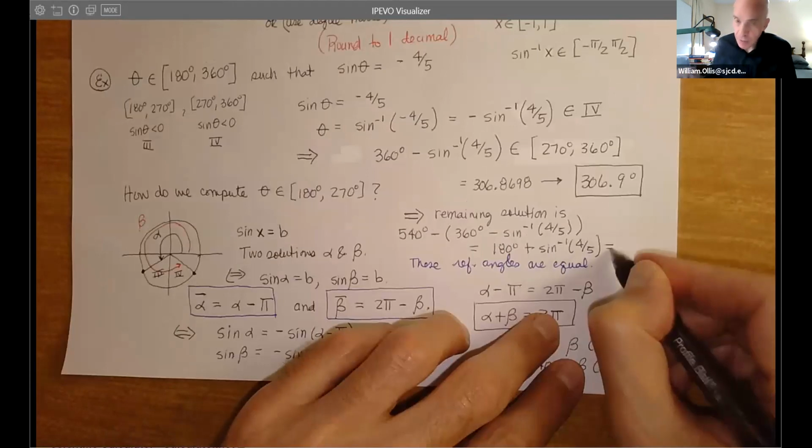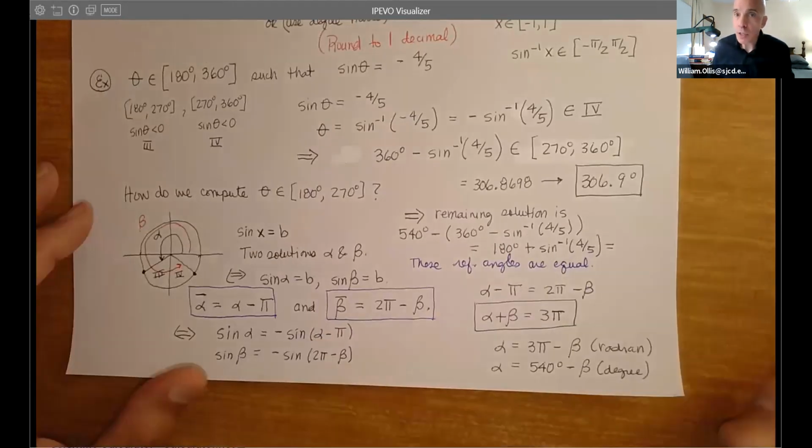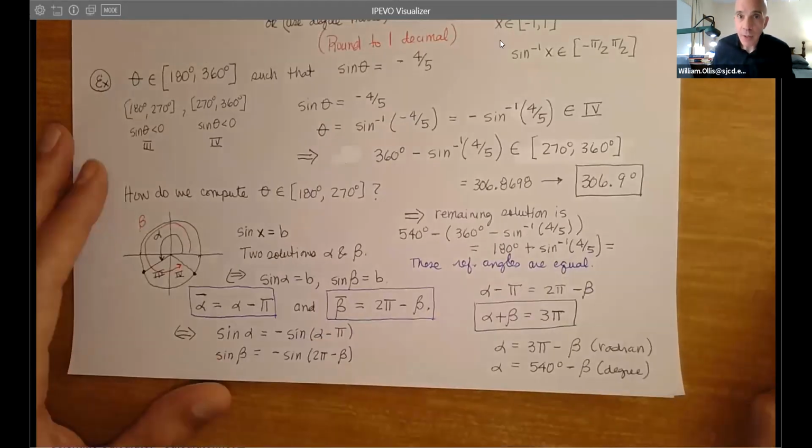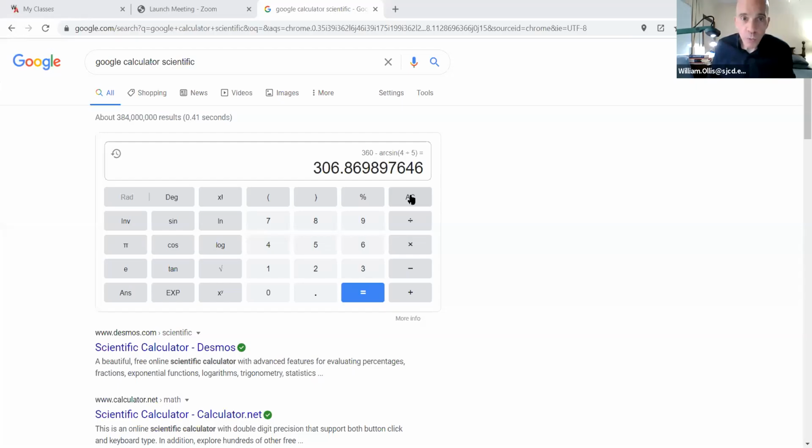So that's the second solution. So let's go to our Google. And of course, we're just going to be lazy and stay in degree mode. So we're going to say 180, or you can just write the 540 and not do all the additional work that I did, plus inverse sine of 4 divided by 5.